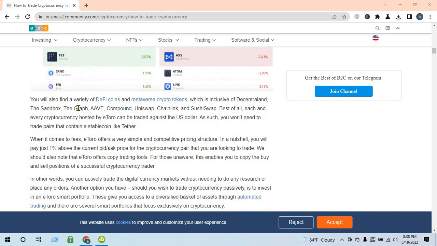You will also find a variety of different coins and metaverse and crypto tokens.